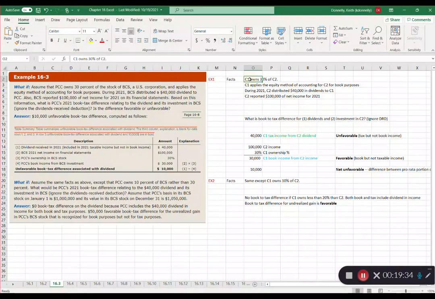Okay, here. So we have a corporation that owns 30% of another corporation. We know for our books that's going to trigger the equity method. And then it looks like they received $40,000 in dividends during the year, and the corporation that they have ownership of reported $100,000 of income for the year. Let's look at what they do on the tax return, the green, and the books, the blue.